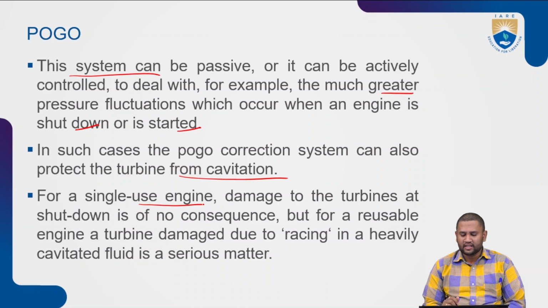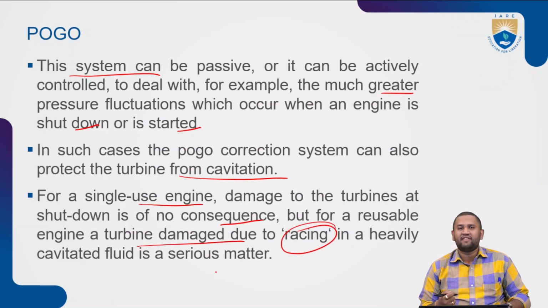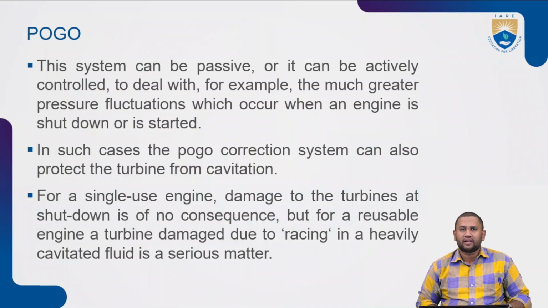For a single-use engine, damage to the turbines at shutdown is of no consequence. But for reusable engines, turbine damage due to racing into a heavily cavitated fluid is a serious matter of concern, right?